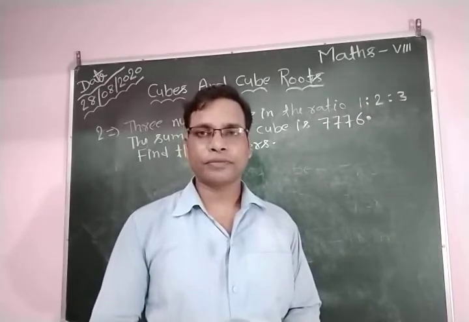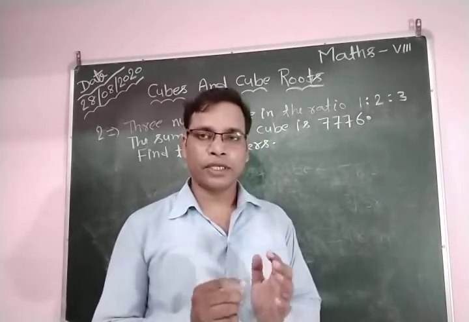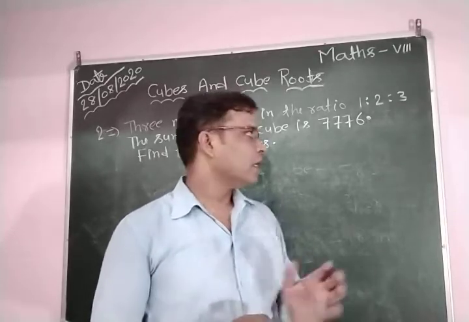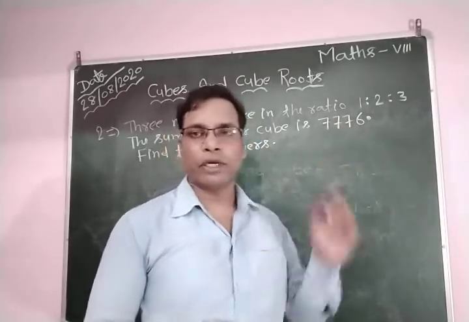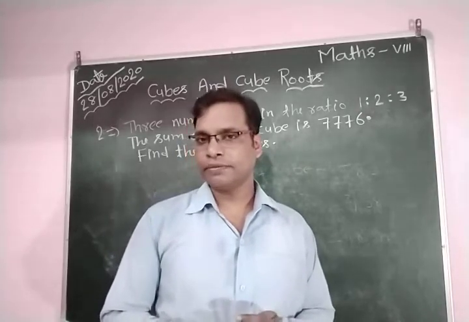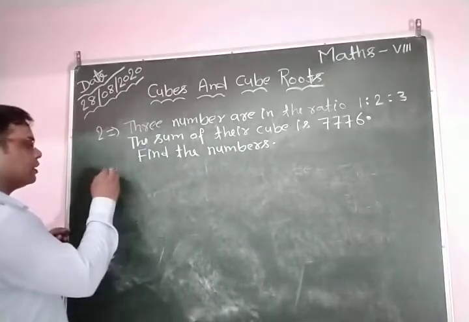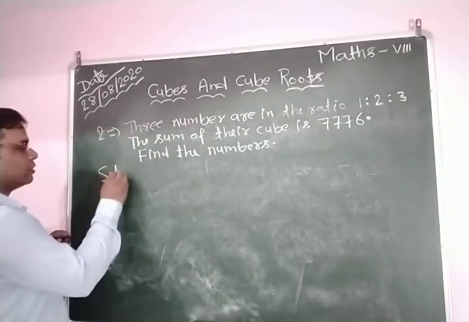After this we find their cubes, the sum of their cubes, and write this is equal to 7776. Okay, so let's see how to solve this question. So first we write here the solution.